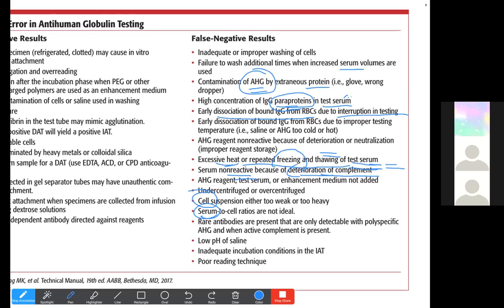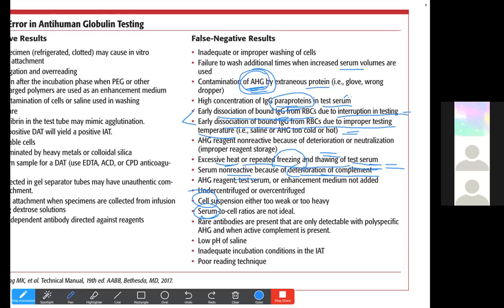This is particularly so if, after the washing and the centrifugation, you do not add the AHG quickly after that, at that point the bound IgG may elute from the RBCs. So there could be early dissociation of bound IgG from RBCs due to improper testing time, temperature even. So testing time is important, and the temperature is also important for the immunoglobulins to remain bound to the RBCs.